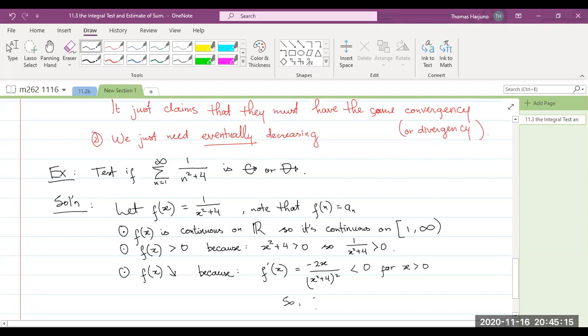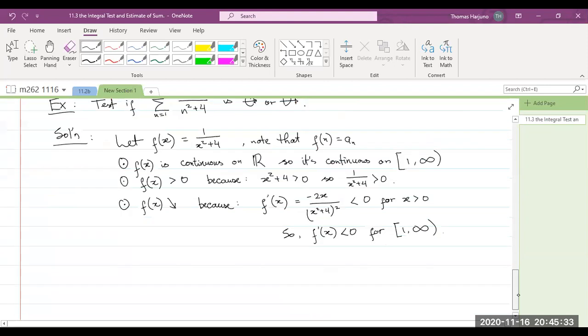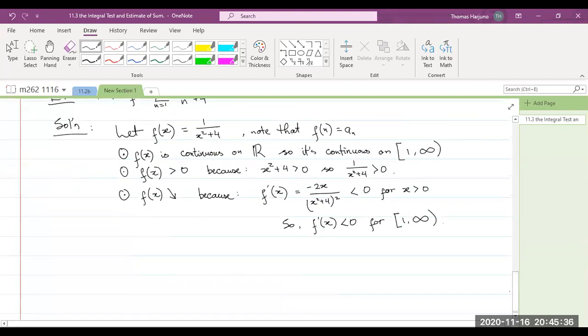So f prime of x is negative on the interval from 1 to infinity also. Now this f(x) satisfies the condition that it is continuous, positive, and decreasing on that interval.